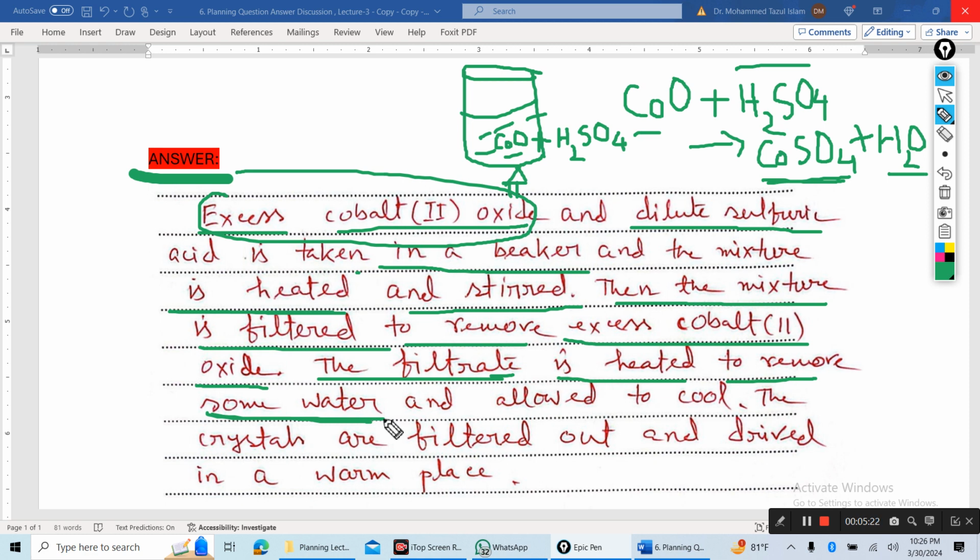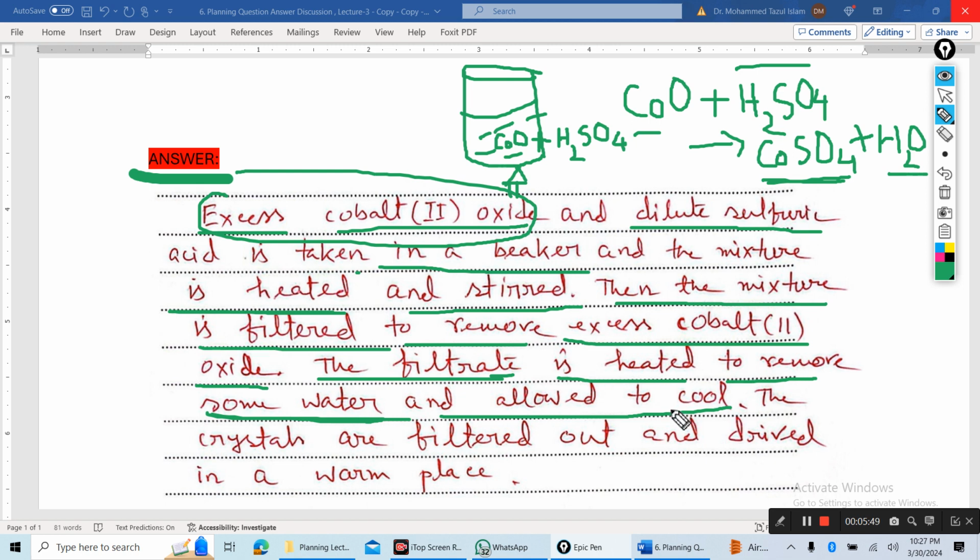That point is known as the crystallization point. The filtrate is heated to remove some water and allowed to cool.